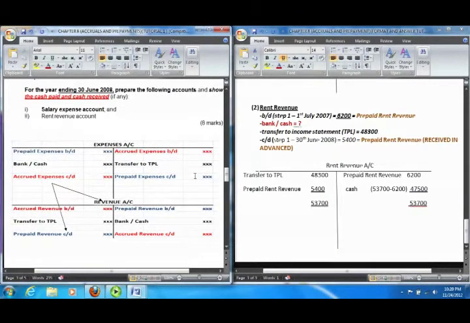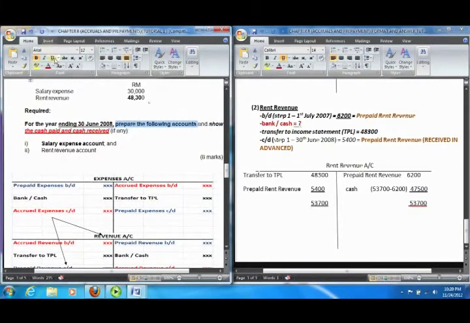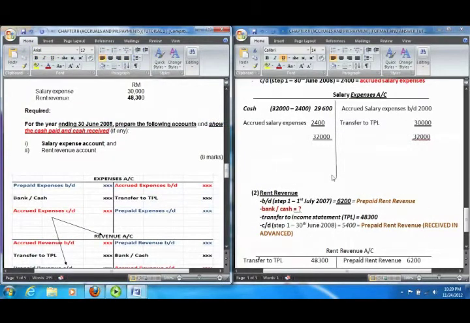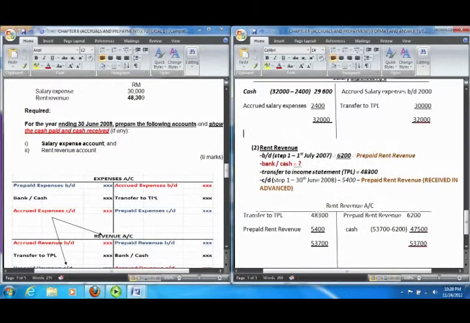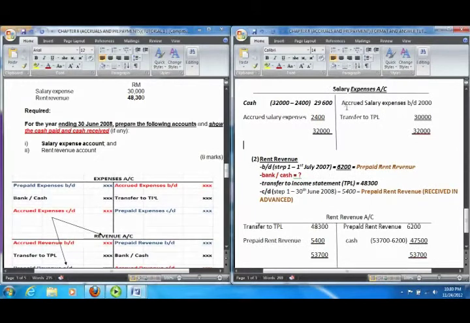Class, as you can see, the question asks you to prepare the following account and show the cash paid and cash received. So when you open an account in expenses, you can see BD, TPL, cash paid, and this is your CD.